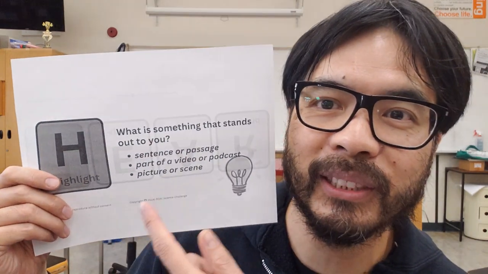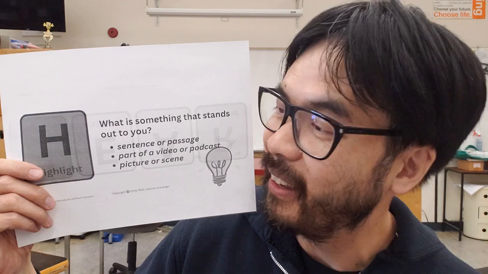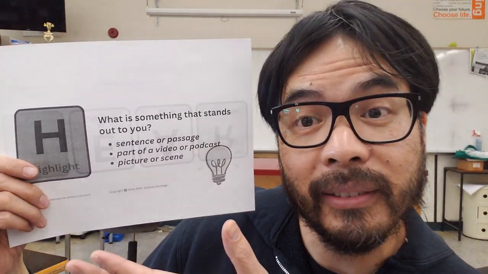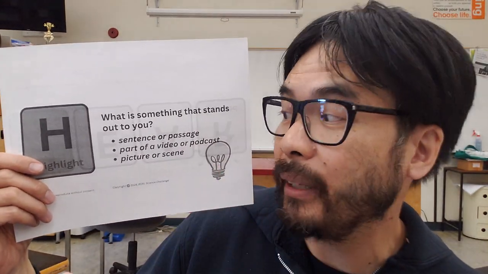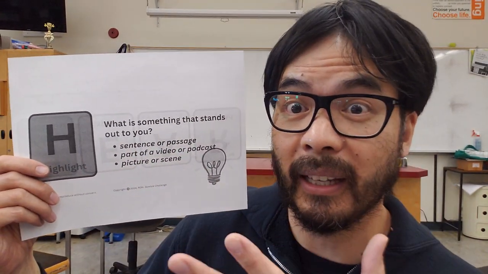However, for the text, video, podcast, website, etc. that they choose, students need to follow this method. Number one, they have to highlight something that stands out to them, something that jumps out to them. This could be a sentence from the text, a passage, a part of the video, a scene or picture, whatever. They have to highlight something and write that down.